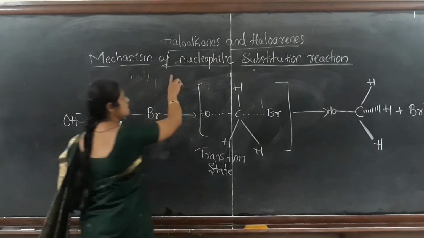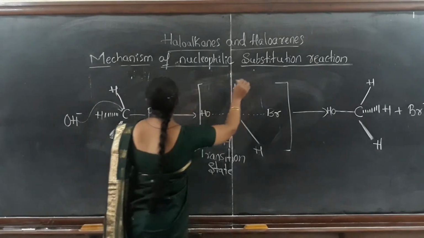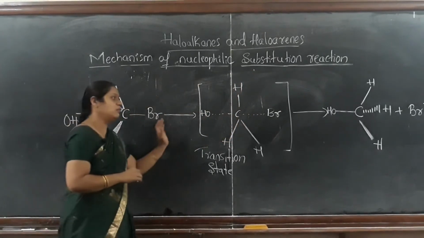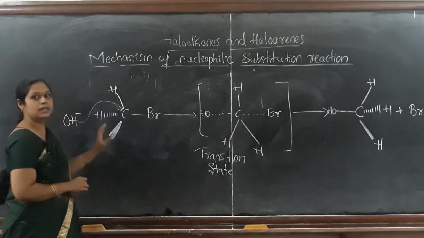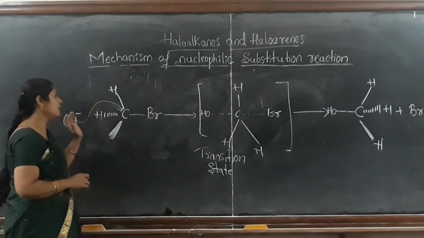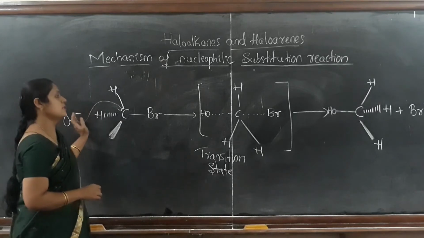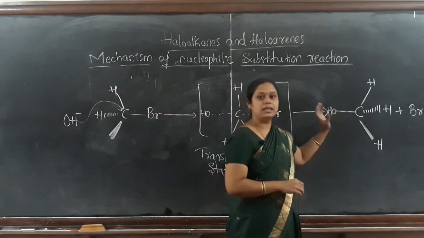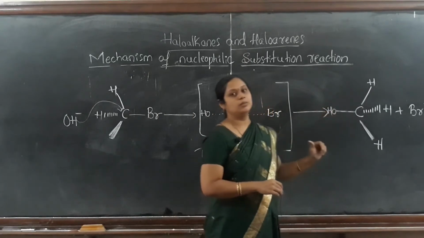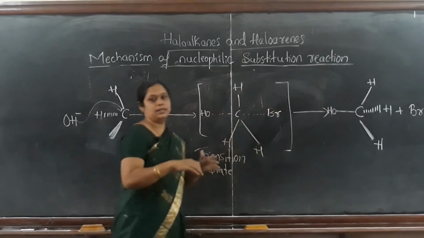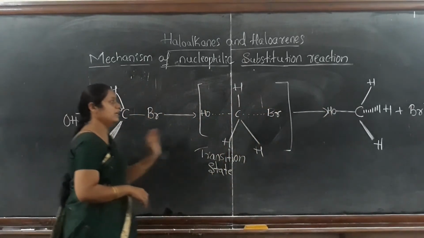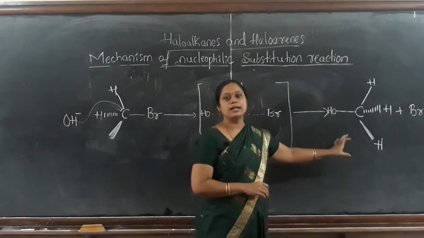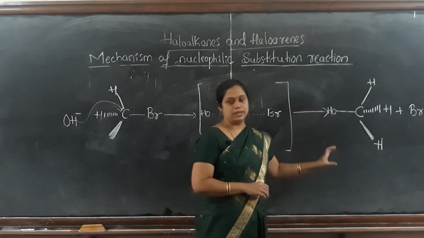Hence, this is a bimolecular substitution mechanism. When you see the configuration, the tetrahedral carbon is inverted, the same as when we hold an umbrella to the blowing wind, it gets inverted. In the same way it is inverted, hence it is called Walden inversion.